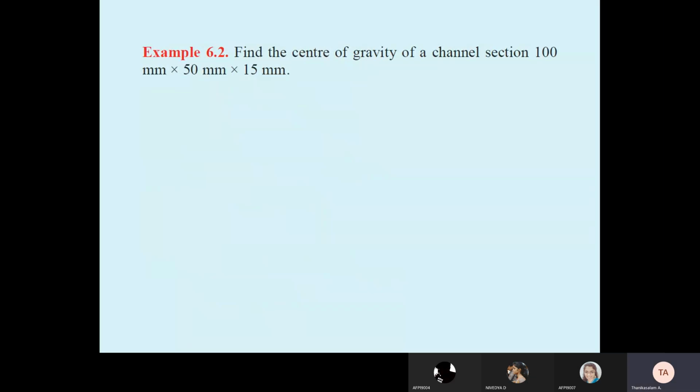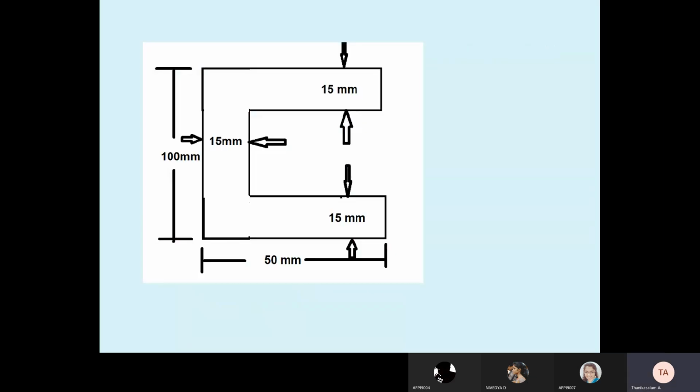Now second question. Find the center of gravity of a channel section 100 mm, 50 mm, 15 mm. Channel means here C type. See here, this is what we call a channel. Students, for this type of position we can say channel.